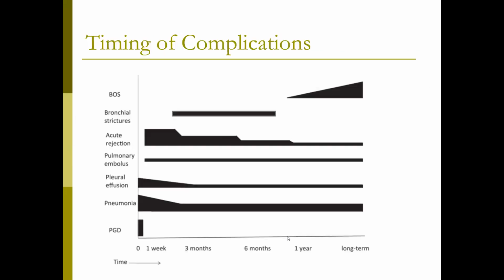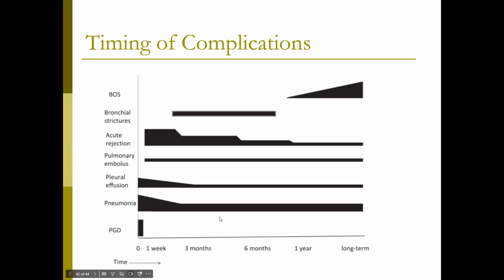I like this little diagram because it visually represents various complications that we typically see with lung transplantation. Unfortunately, this is a relatively old slide, so instead of chronic rejection, here we have BOS, bronchiolitis obliterans syndrome. Remember that that's not the only manifestation of chronic rejection. So replace BOS with CLAD, chronic rejection, if you will.